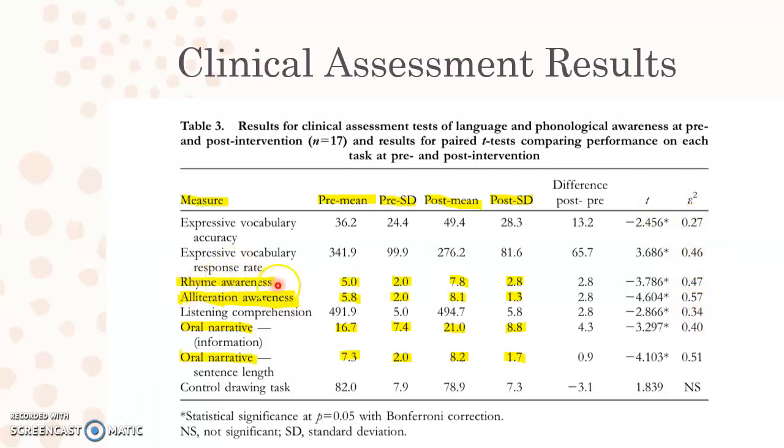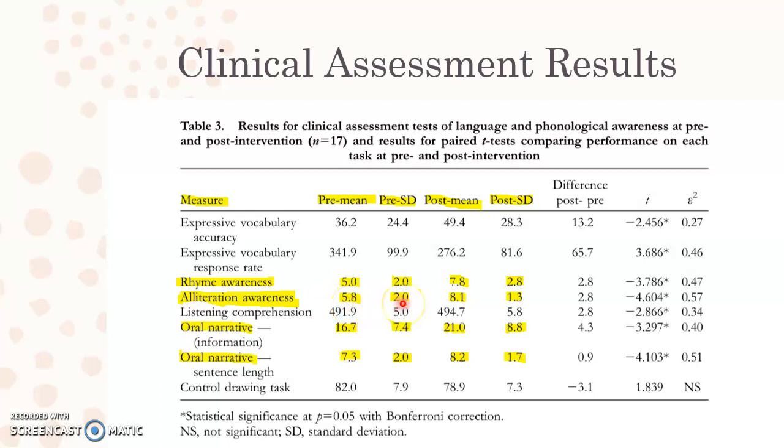So for rhyme awareness, the pre-mean was 5.0 and the pre-standard deviation was 2.0. The post-mean is 7.8 and the post-standard deviation is 2.8, and you can see that between the pre-mean and the post-mean, that's a good amount of improvement. Alliteration awareness, pre-mean was 5.8.